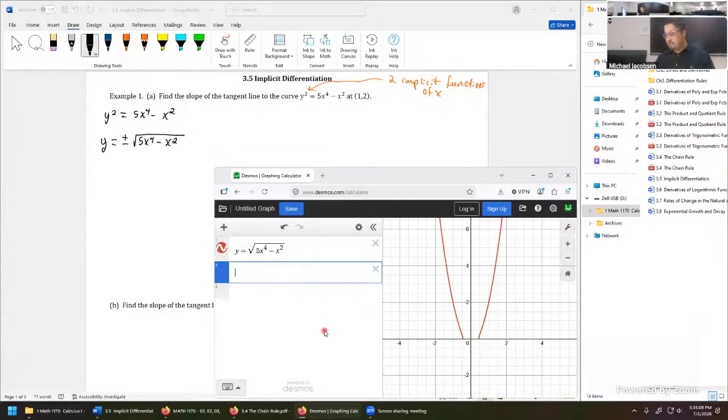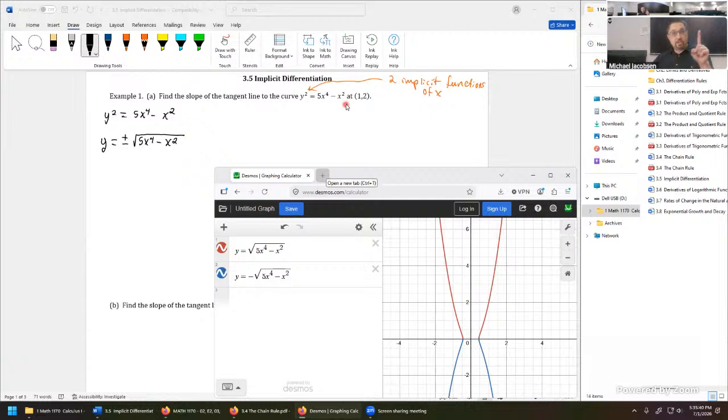Here's our next function, y equals, we bring in the negative square root of 5x^4, and I forgot the negative sign, let's throw that in, minus x squared, and that's the other part. So this curve, both the red part and the blue part all together, is just this original curve right here, y squared equals 5x^4 minus x squared.